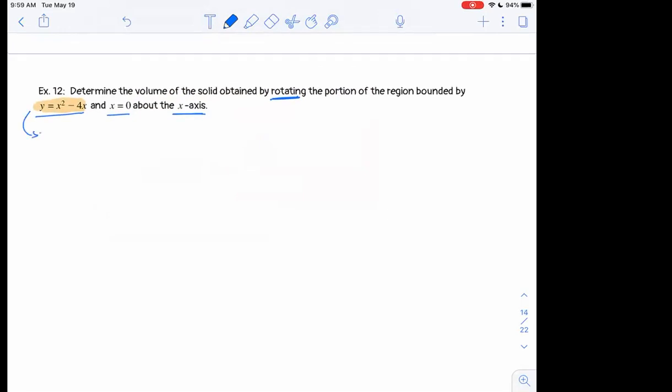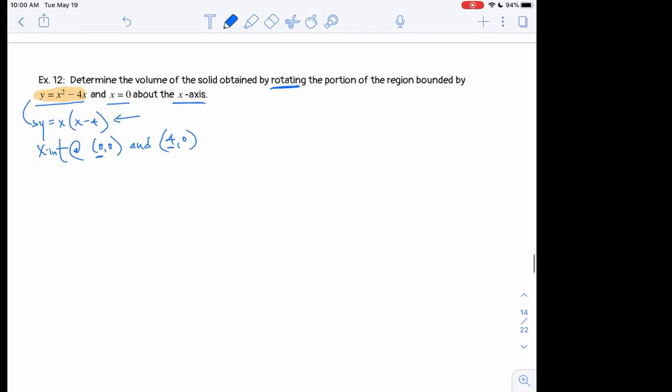So if I find a greatest common factor, I can take out an x, and then I'm left with x minus 4, which means that this parabola crosses the x-axis, so it has x-intercepts at 0, 0, and 4, 0, because 0 and 4 are the two values that make this equation equal to 0.